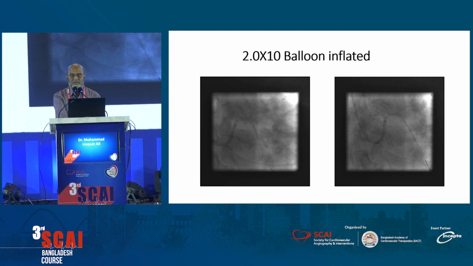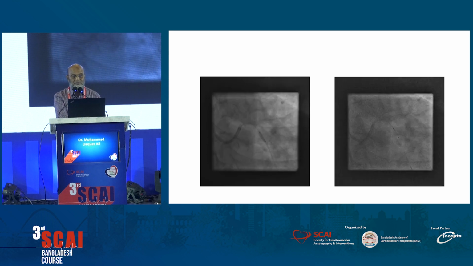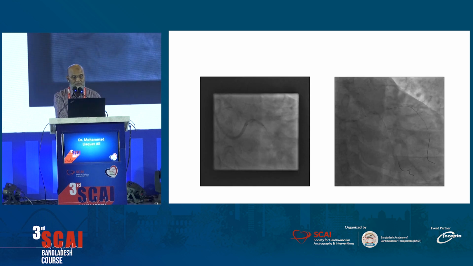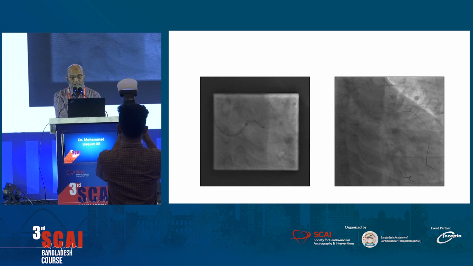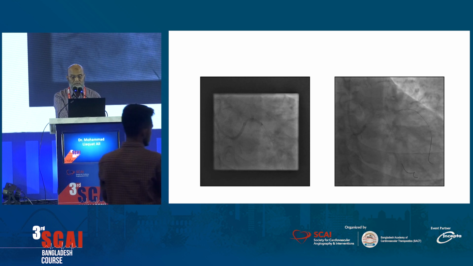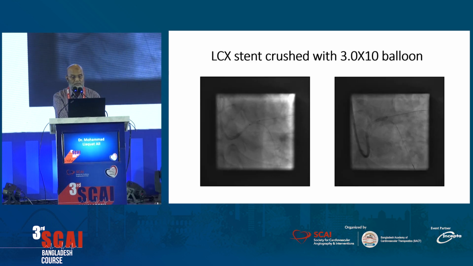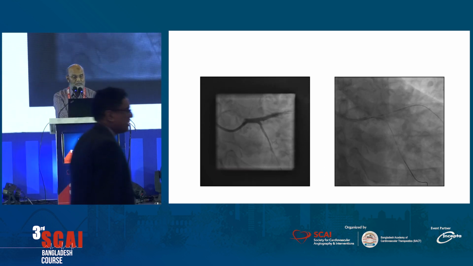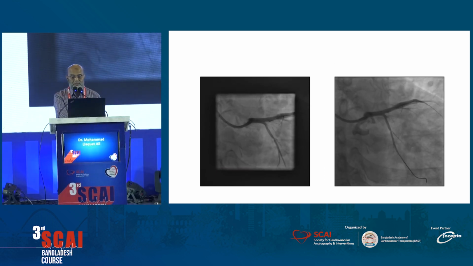Then I also succeeded to pass a 2 balloon over the 2.25 uninflated stent. Then I recrossed. Then I crushed the LCX stent. And I crushed with a 3 by 10 balloon. So after crushing the stent, it looks like that.